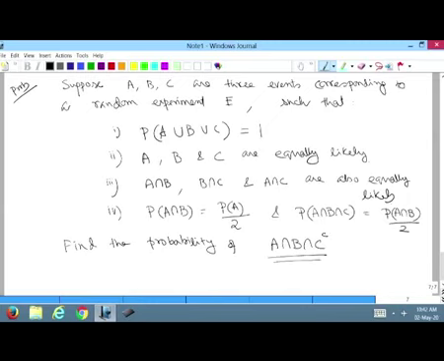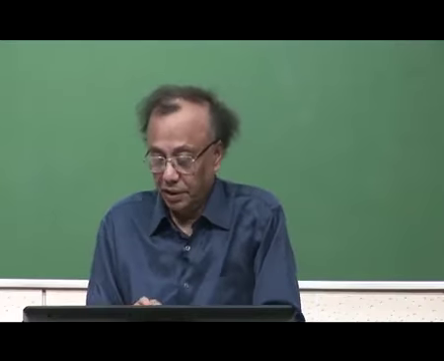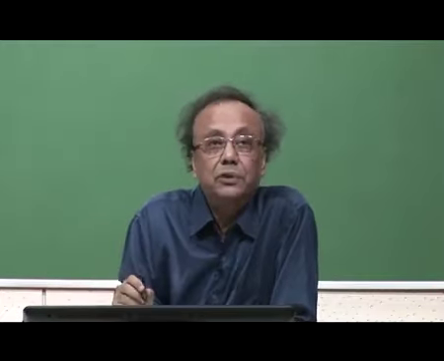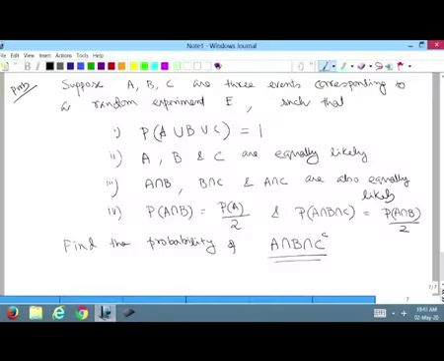That is the problem. Now, before I start solving, let me explain to you that A union B union C is equal to 1. That means they cover the entire sample space, but it is not that they are disjoint.